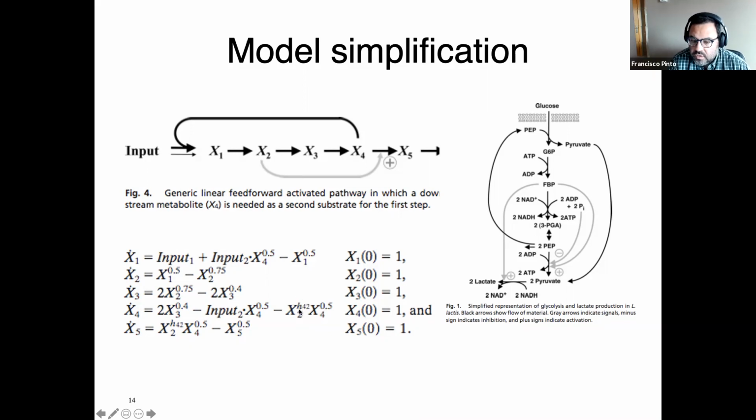If this kinetic order is 0, then X2 raised to 0 will be 1, and the rate of this reaction is only determined by the availability of X4, the reactant. But if H42 is greater than 0, then this reaction will be activated by the value of X2.